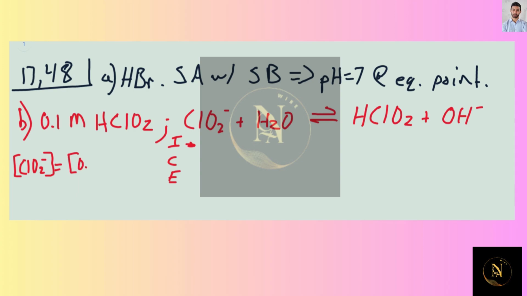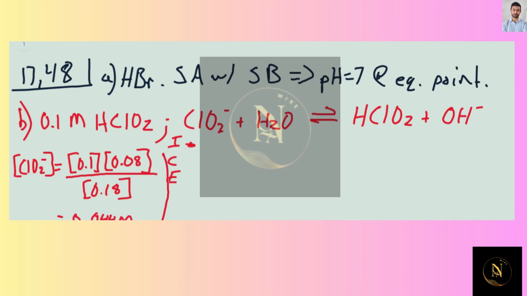So we have 0.1 times 0.08, and this here will account for the volume. So we divide by the sum of these two concentrations, because that's what we were adding into the sample. And this is equal to 0.044 molar. So that's our initial concentration here.